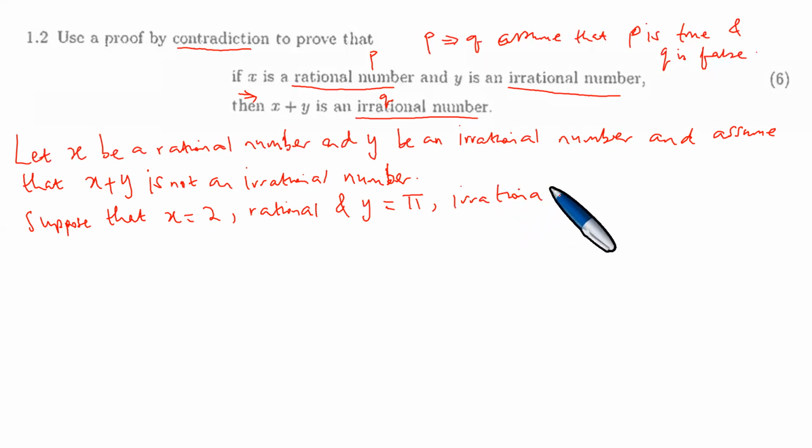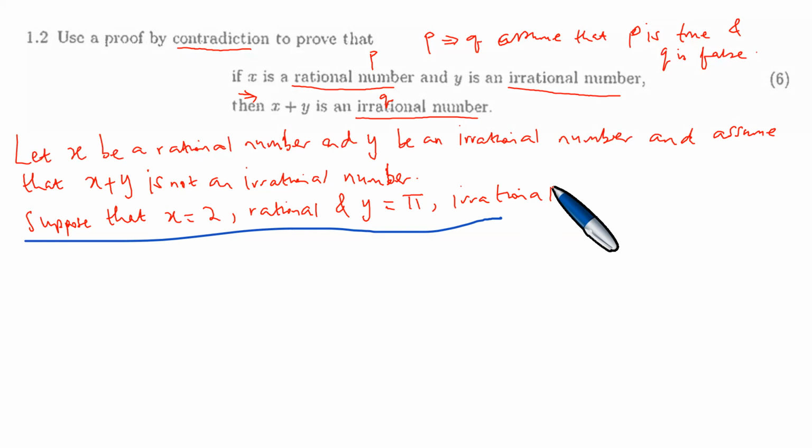When a statement is false, you cannot prove it using general arguments.